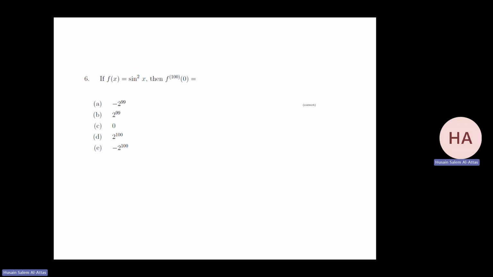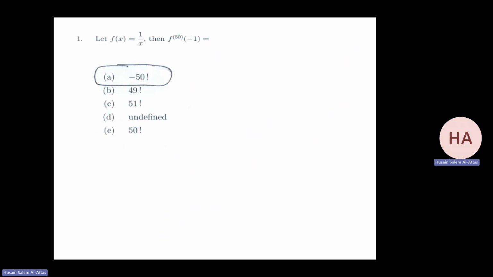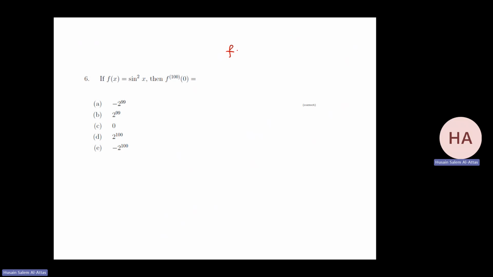Sine square. That's sine square now. Okay, let us see what will happen. Sine square x. Okay, what will be f prime? F prime will be 2.